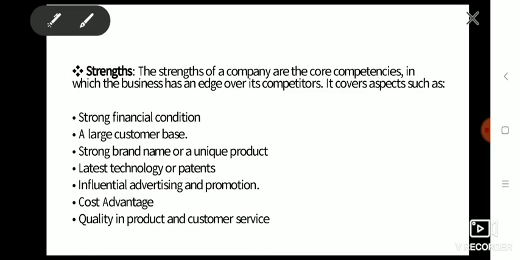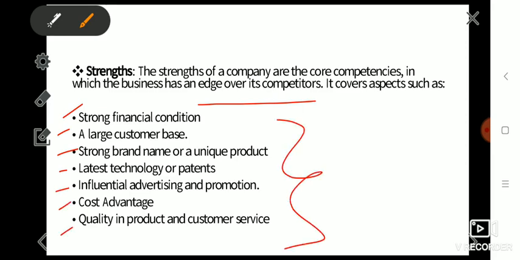Now, what is strength? The strengths of a company are the core competencies in which the business has an edge over its competitors. Basically, strength covers strong financial condition, a large customer base, a strong brand name or a unique product, latest technology or patents, influential advertising and promotion, cost advantage, and quality in product and customer services.